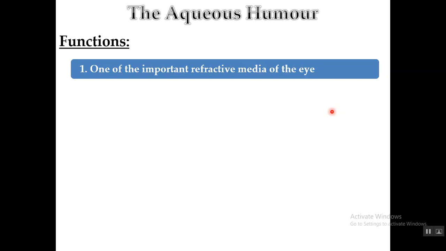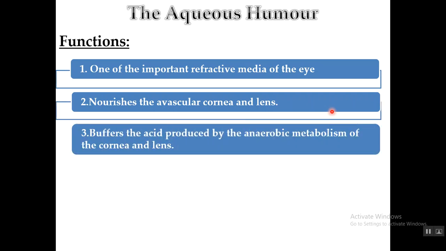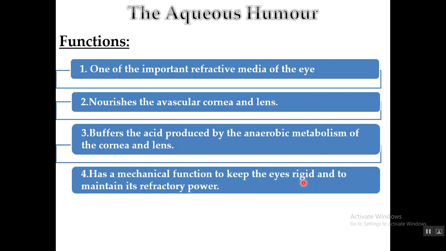So what about the function of the aqueous humor? Number one, it is one of the refractive media of the eye. Number two, it nourishes or supplies nutrients like glucose for the avascular structures, including the cornea and the lens. Number three, it buffers the acid produced by anaerobic metabolism of the cornea and the lens. Number four, it has a mechanical function: it keeps the eyeball rigid to maintain its refractive power.